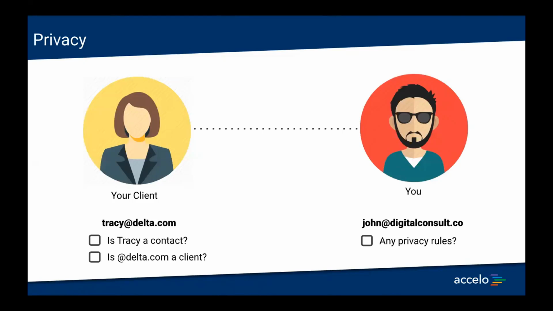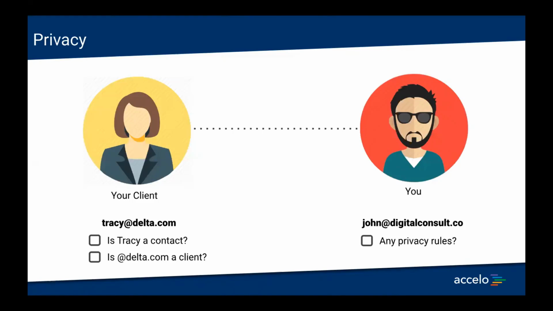Well, what we do is the Accelo system looks at that email first and says, is this person already a contact in my Accelo system? If that person's already a contact in the Accelo system, then great, we're going to put that into the bucket that they already are a part of.